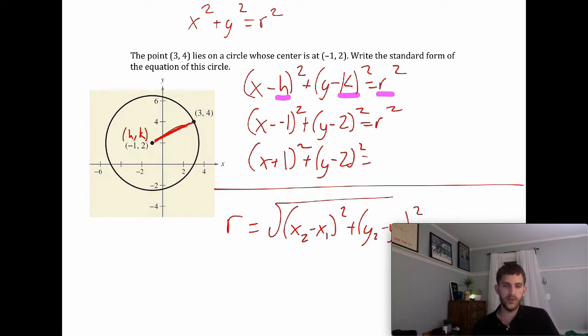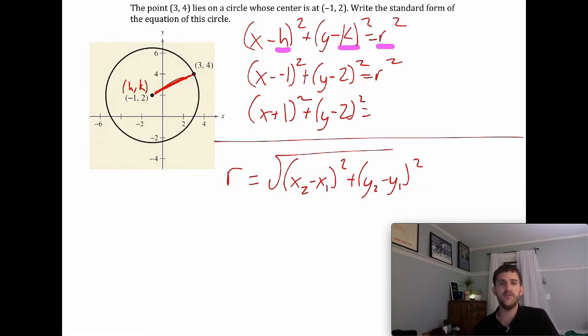Now, one thing I said but didn't emphasize strongly last time is that it doesn't really matter what is your x1, your x2, etc., as long as the x1 and y1 are together. So I'm going to use the point on the left as x1, y1, and the one on the right as x2, y2.